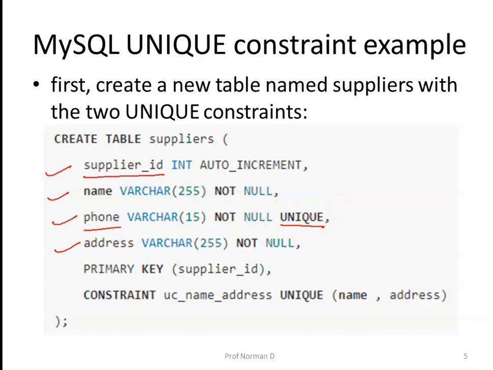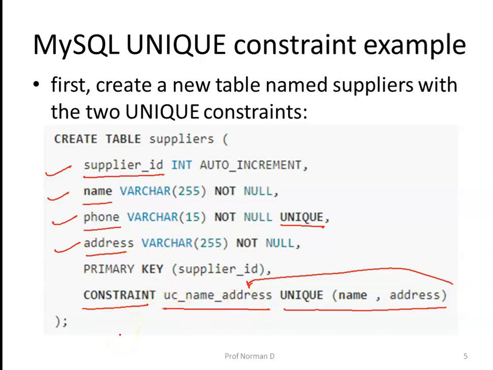I am also specifying that the name and address must be unique. You can see here unique name and address. But for this I am specifying a constraint name using the keyword constraint, and the constraint name is UC underscore name underscore address. Now what is the benefit of using this constraint name?